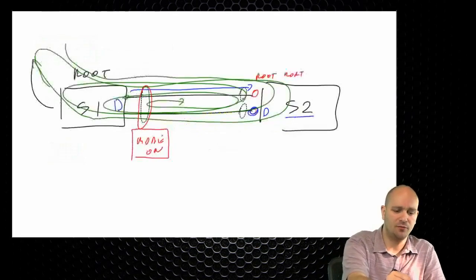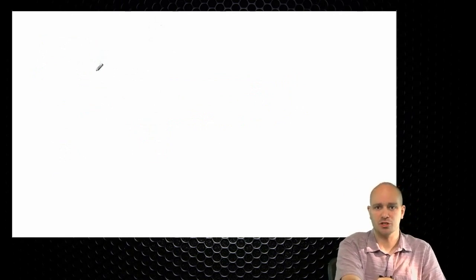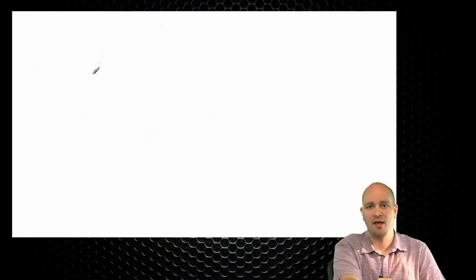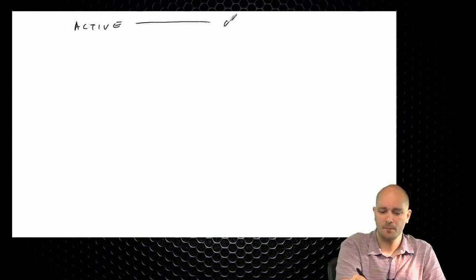And just like we did for DTP yesterday, let's see EtherChannel formation combinations, in which cases we are going to have a successfully formed EtherChannel. So my possible options here are to have active on one side and active on the other side.